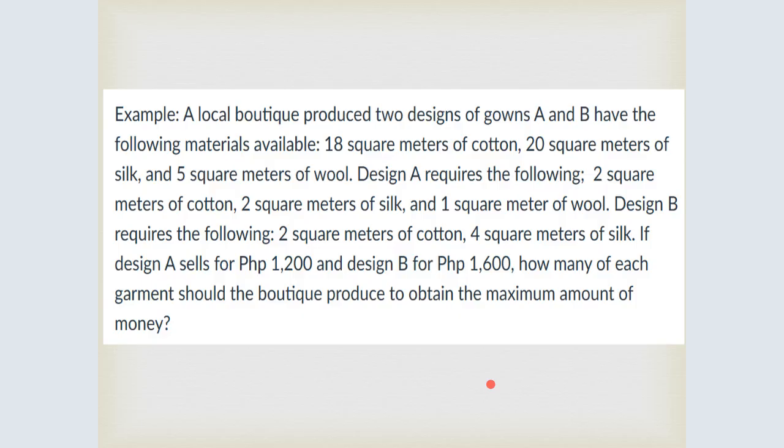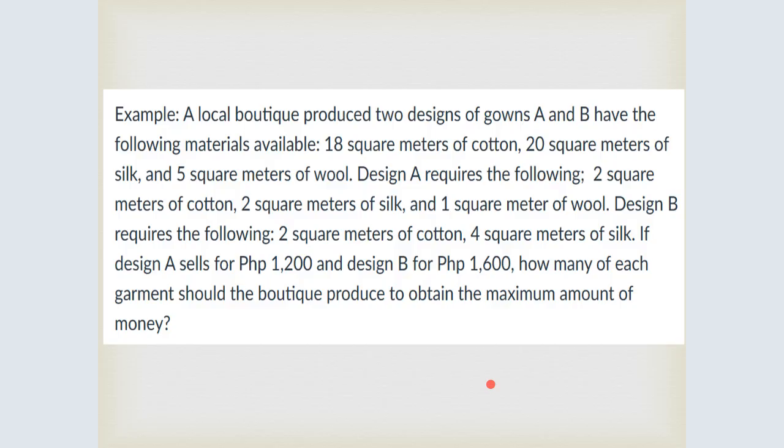Example: a local boutique produces two designs of gown, A and B, and has the following materials available: 18 square meters of cotton, 20 square meters of silk, and 5 square meters of wool. Design A requires the following: 2 square meters of cotton, 2 square meters of silk, and 1 square meter of wool.